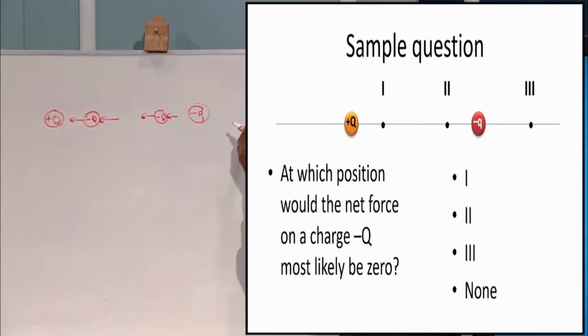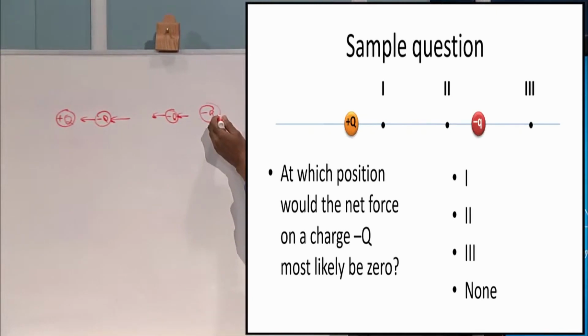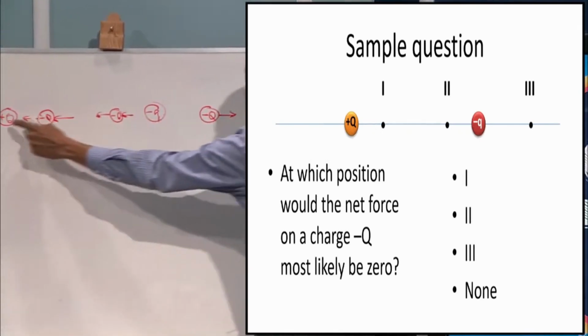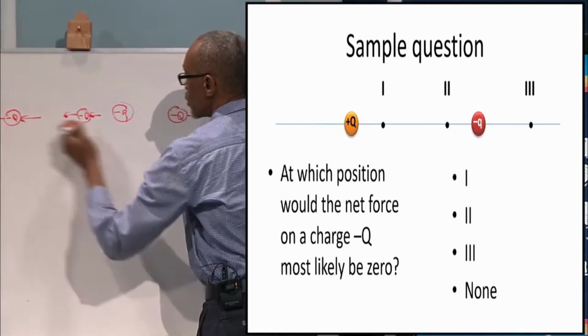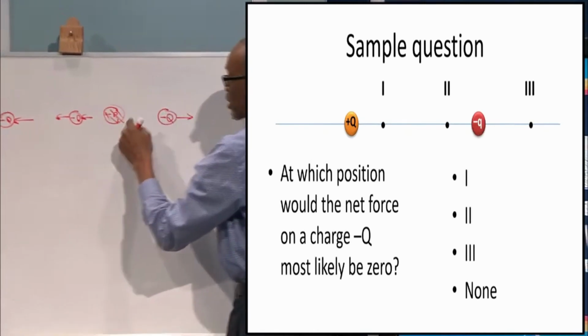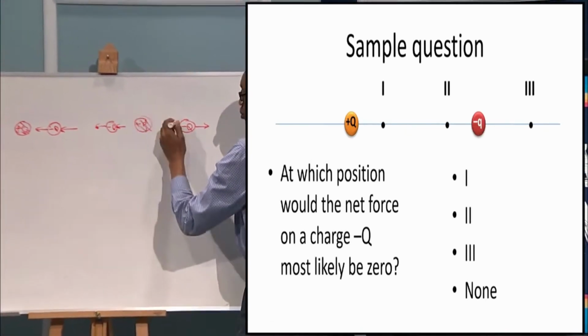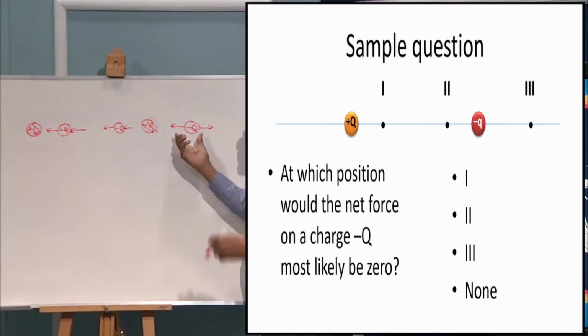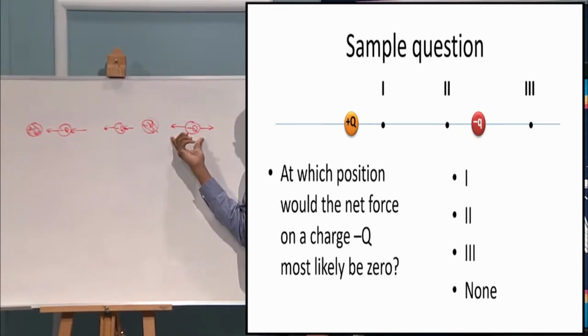But if you put the negative Q here now, this force will push the charge that way, and this charge will pull it this way. Since these two are opposite in direction, there's a likelihood that at some point they can add up to 0.